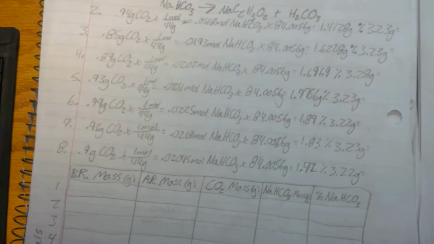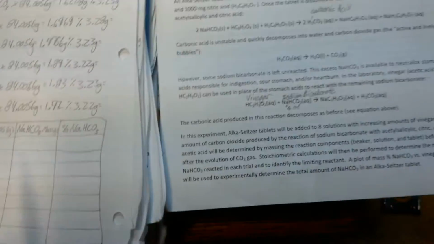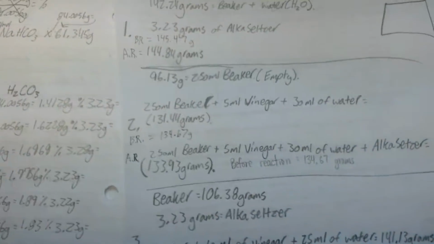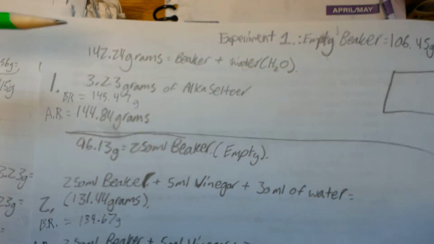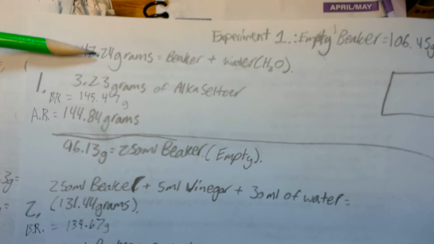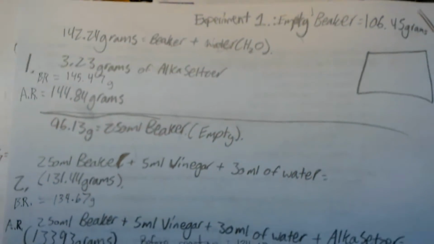of each trial. We can see I have 1 through 8 listed right here, and I just plotted this chart out as an actual visual so you can all see. So first of all, we're going to look at our data for each trial, and in my number 1 trial I have 142.24 grams with the beaker and this water.